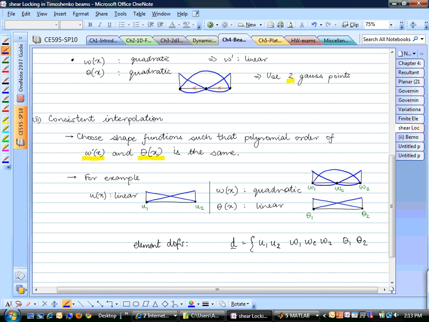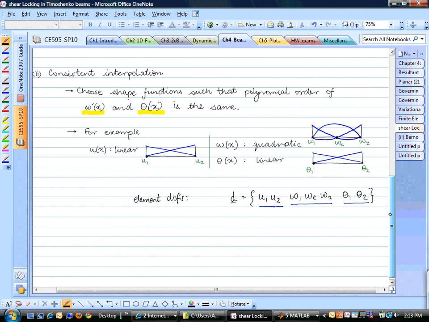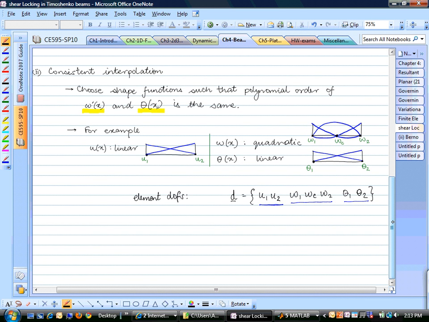So these two are for the axial component, these three are for the transverse component, and these two are for the rotational component. And if these are the element degrees of freedom, what would be the size of my stiffness matrix? The size of the stiffness matrix would be 7 cross 7.